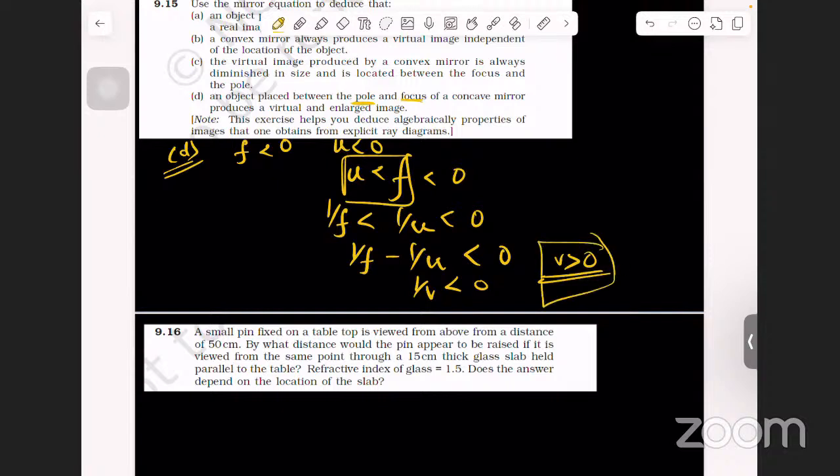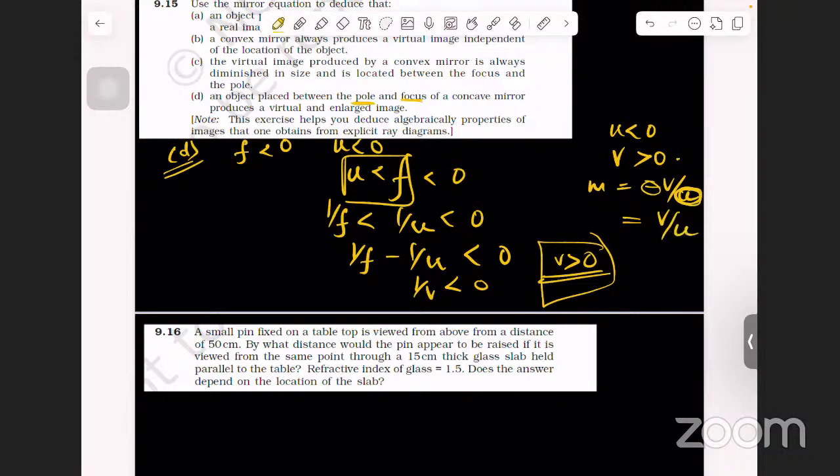Okay, since it's formed on the other side of the mirror, and u is less than 0, v is more than 0. So if you find the magnification, it would be minus v upon u, right? And minus, and this is also negative, so it will always be plus v upon u.